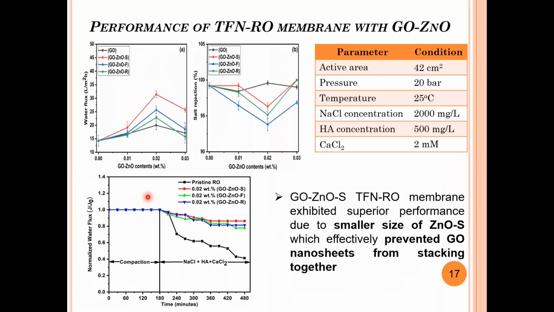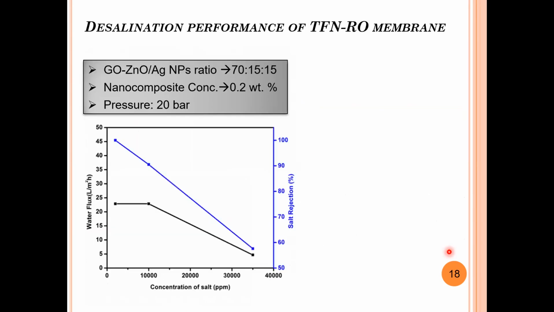We see here that the ZnO spherical particle really produced higher water flux, and the salt rejection is very close to 97%, whereas at 0.01% it was as good as 99.1%. The reason is the smaller size of ZnOS, which effectively prevented the GO nanosheets from stacking together.